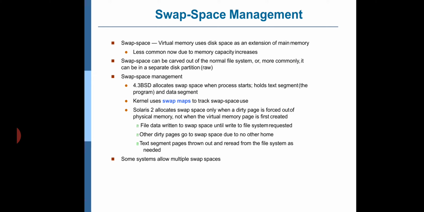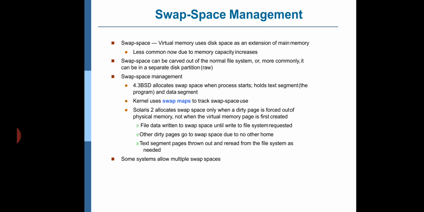In swap space management, 4.3 BSD allocates swap space when a process starts, holding the text segment and the program data segment. The kernel uses swap maps to track swap space use. Solaris 2 allocates swap space only when dirty pages are forced out of physical memory, not when the virtual memory page is first created.